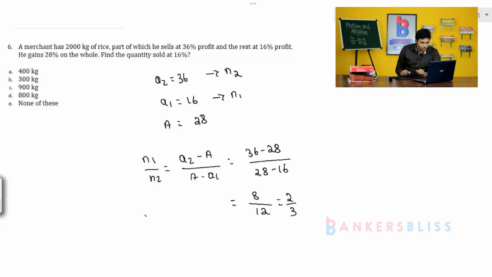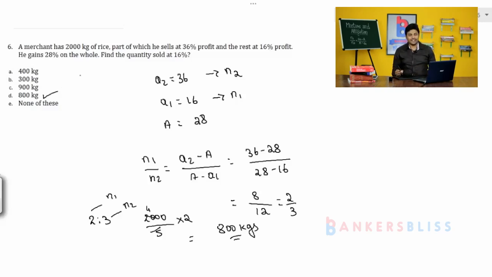So, 2000 kgs has to be divided in the ratio 2:3. 2 represents N1 and 3 represents N2. So 2 plus 3, 5, into 2. 5 4s are 20, 40 into 2, 80. So you are going to get 800 kgs. Very similar to the previous problem. So option D is the right answer. Okay, let's move on to the next problem.